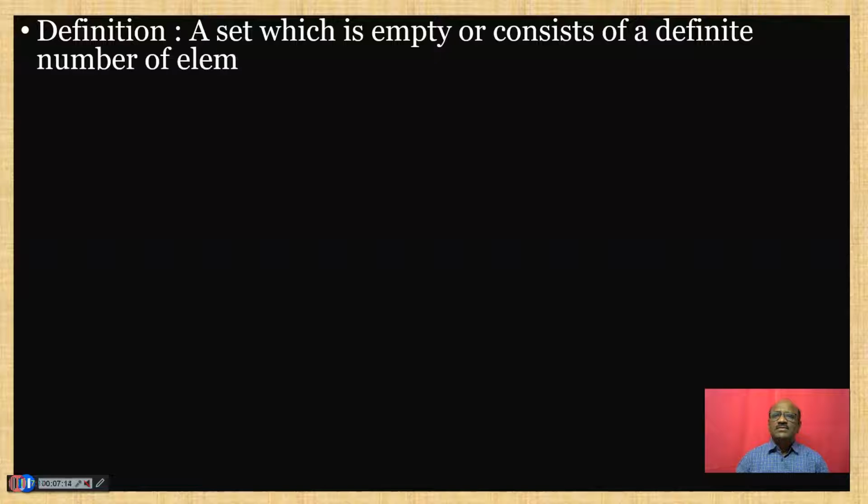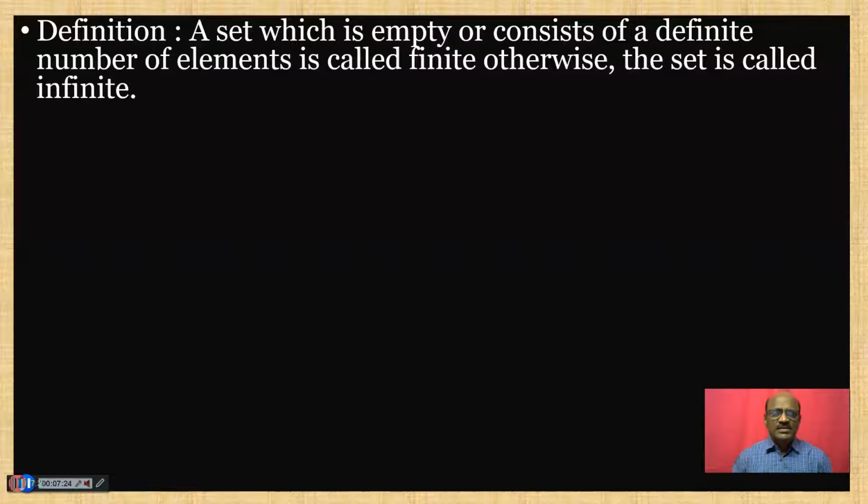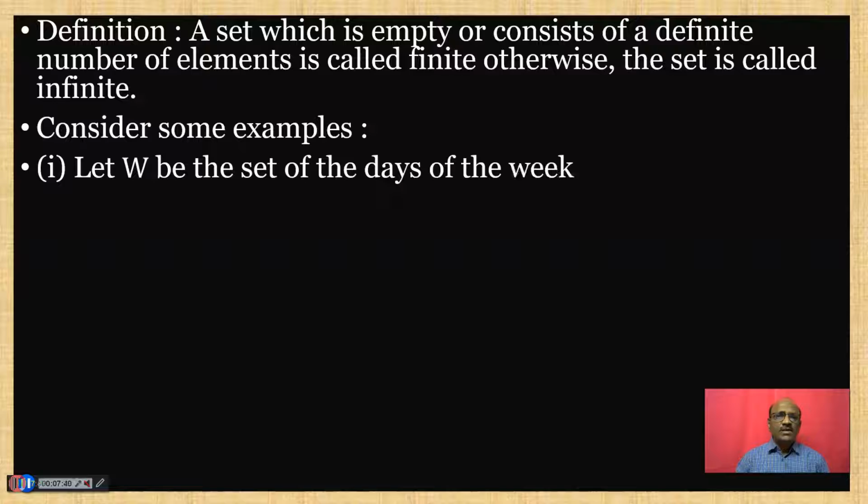definition. A set which is empty or consists of a definite number of elements is called finite. Otherwise, the set is called infinite. Consider some examples. First example, let W be the set of days of the week.